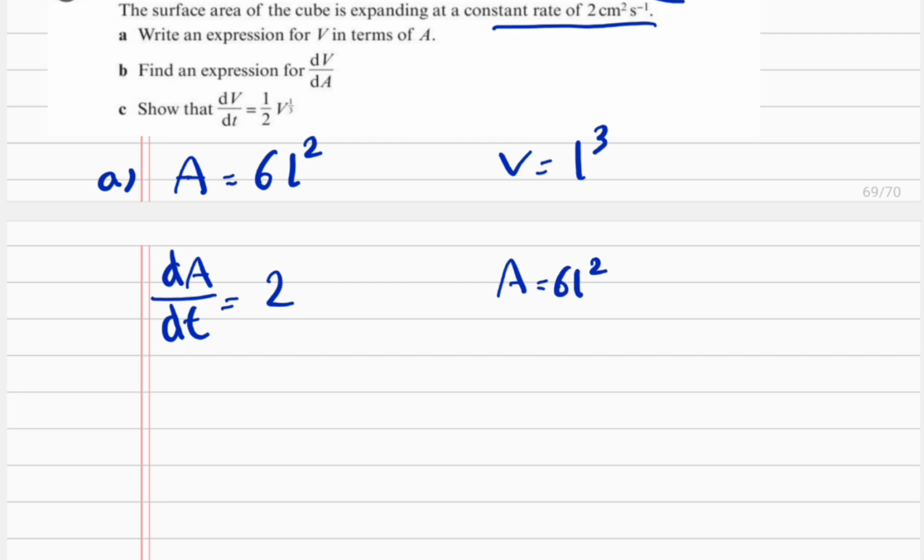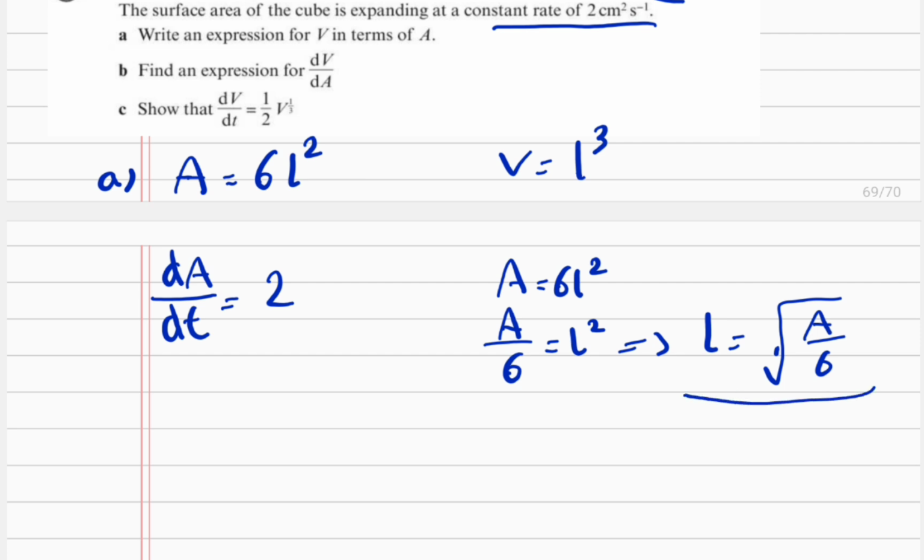Now what we can do here is simply write L in terms of A and then plug that into the equation of V. So we can divide both sides by 6 to have L squared and then take the square root, which gives us L is equal to the square root of A over 6. Obviously length is always positive, so we don't have negative. This is L in terms of A, and then we can substitute this into the equation of V.